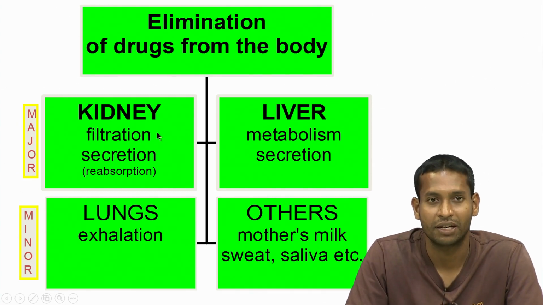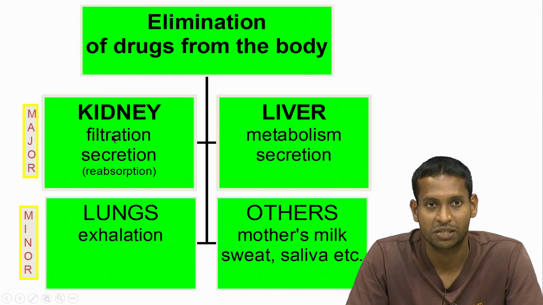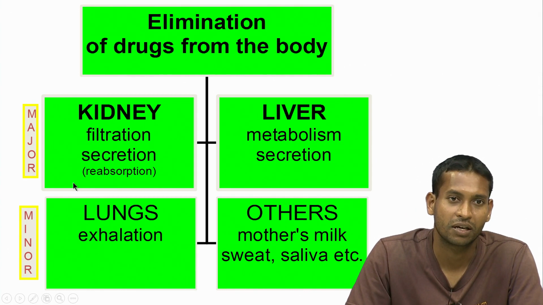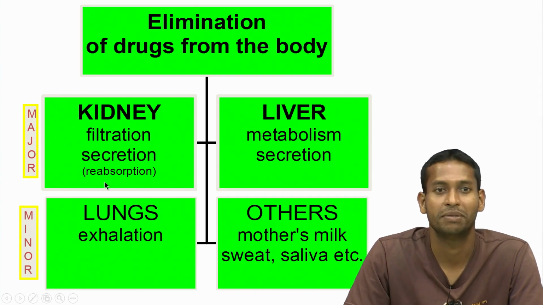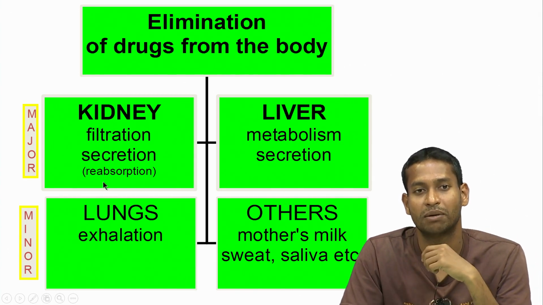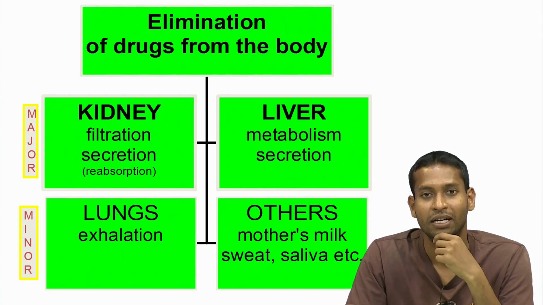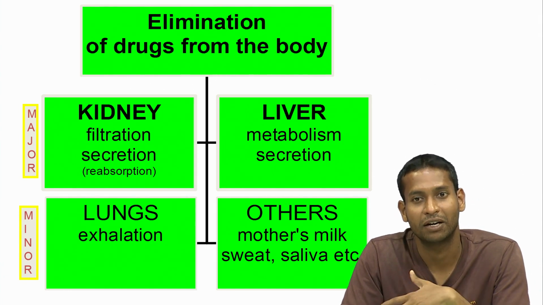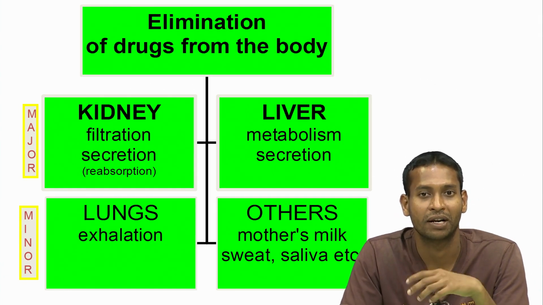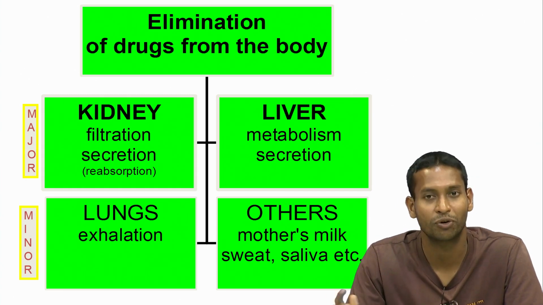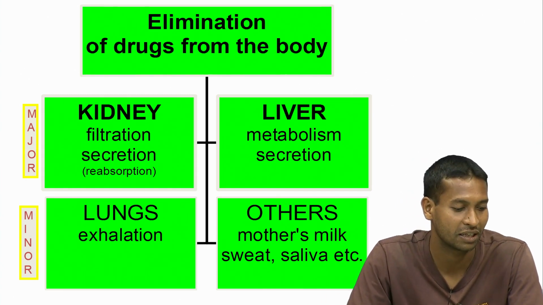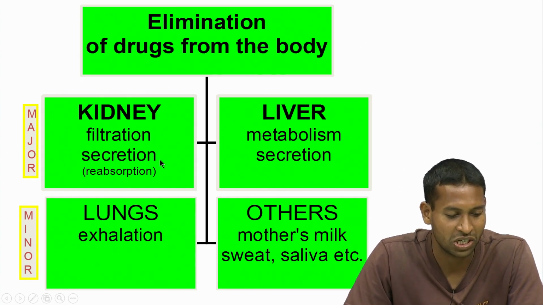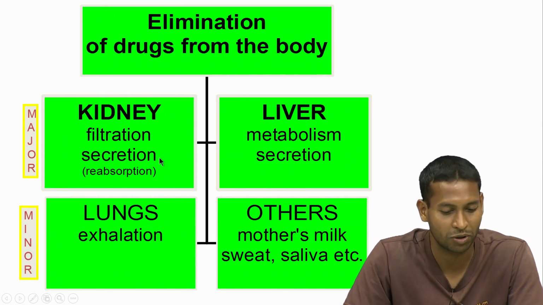The kidney is responsible for filtration, for secretion, and also for reabsorption, which basically means that if you have, let us say, a molecule that the body may require and it does make its way to the kidney, the kidney will send it back into the circulatory system, so that we are not running out of those particular molecules. These can be proteins, or other important things that the body may need. So, again, when we talk about elimination, the kidney is by far the major organ responsible.